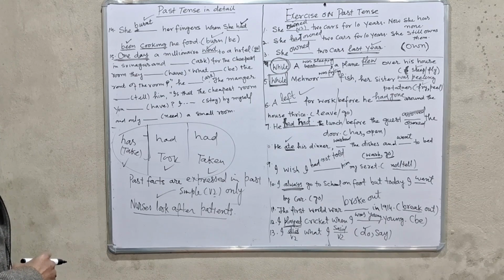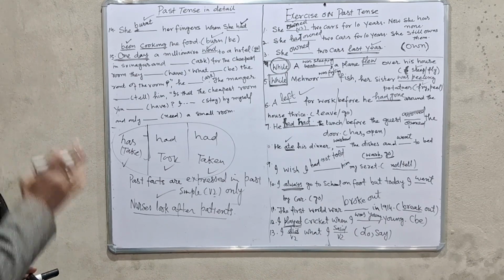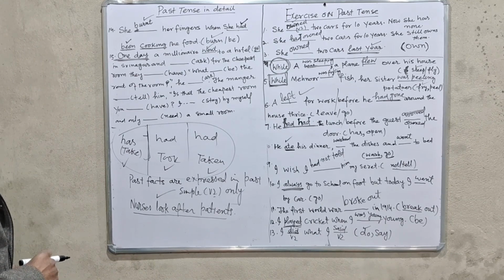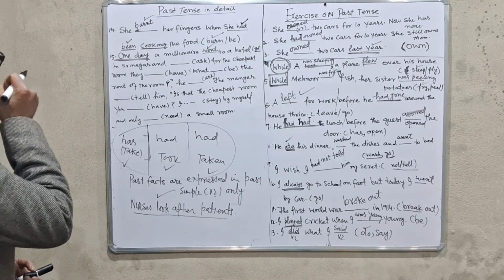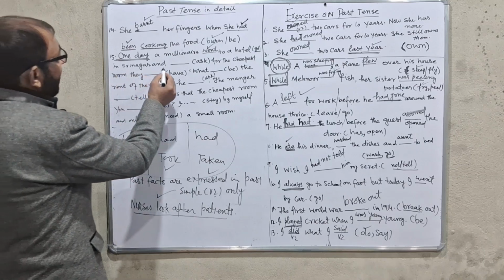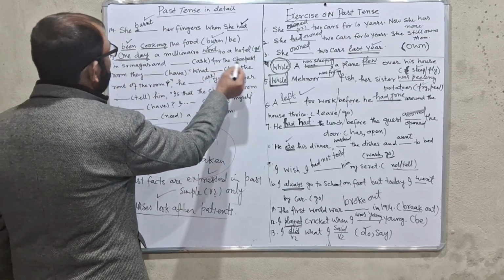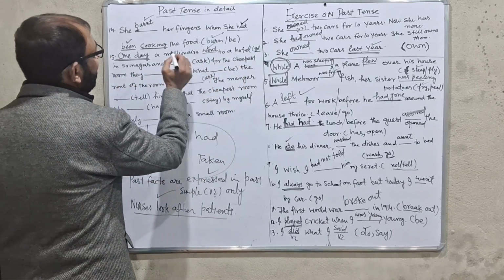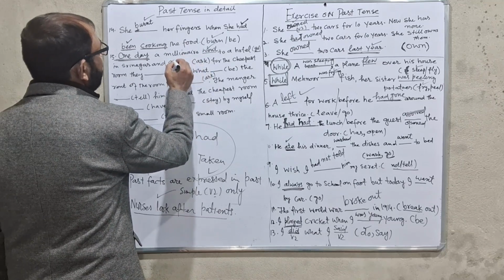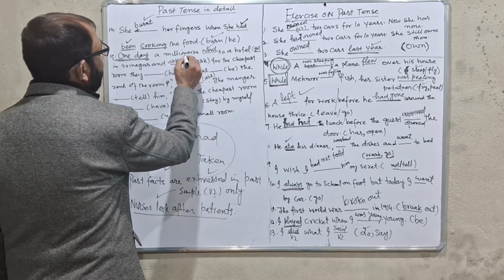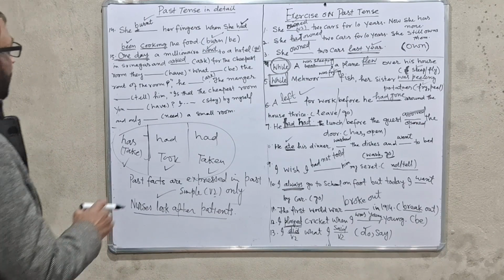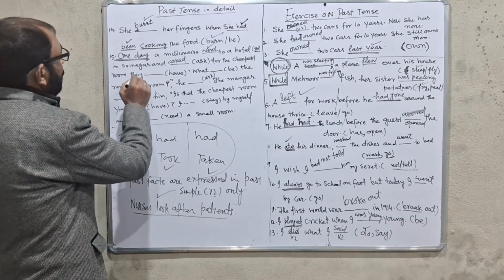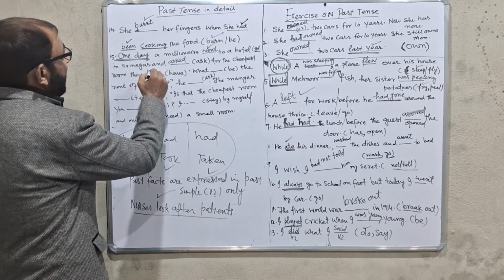One day, once upon a time, long ago: these adverbials also suggest past simple tense. In Srinagar, and asked for the cheapest room. Second form, asked. Stories are related in past tense. The cheapest room they have; its past is had.